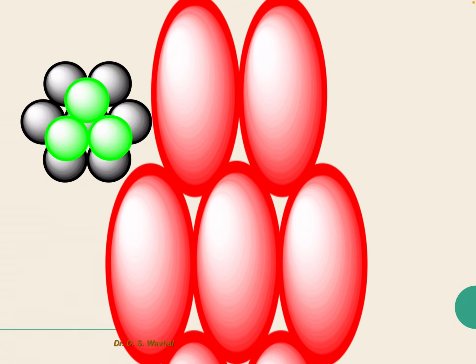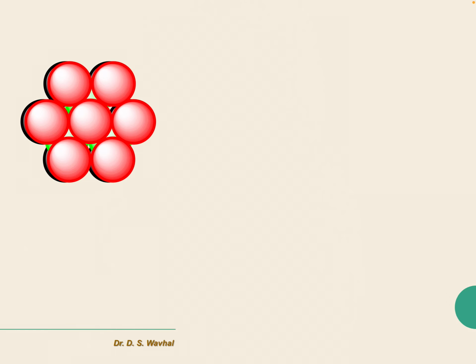Then we will add layer C. Layer C atoms will sit in the depression formed by layer B, and they will be exactly above the atoms from layer A. So this is the third layer. So this is the unit cell of HCP.